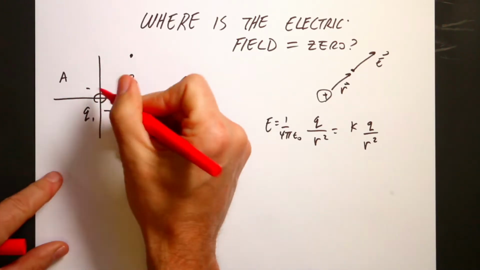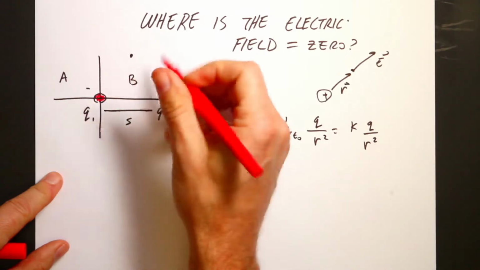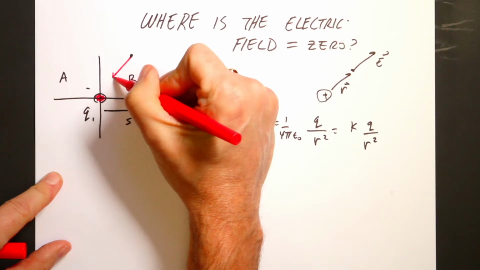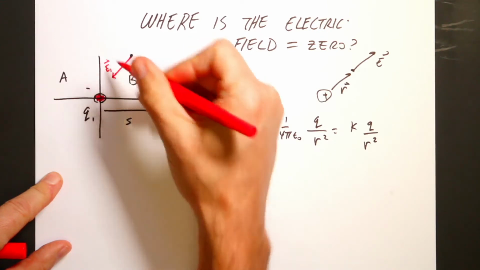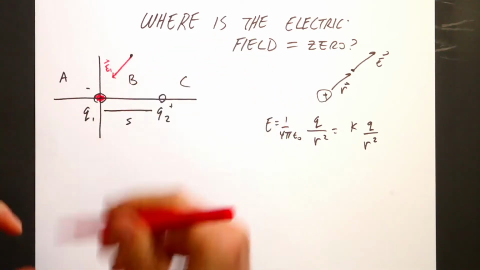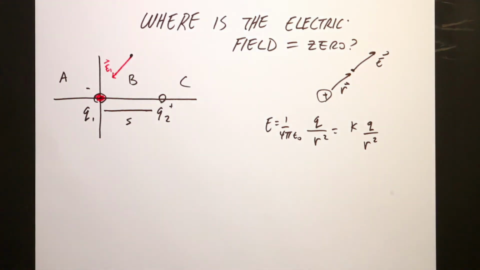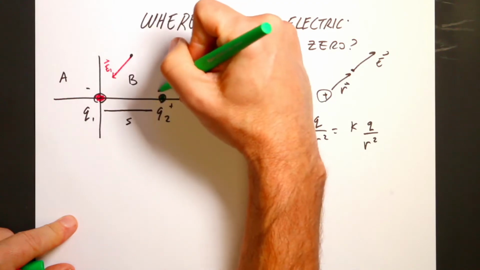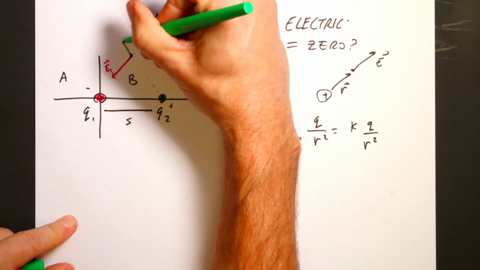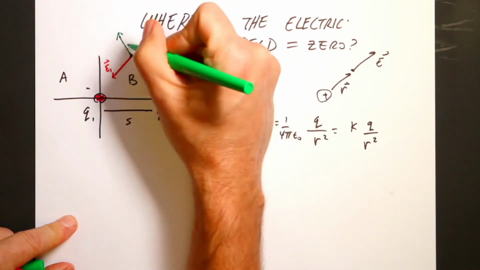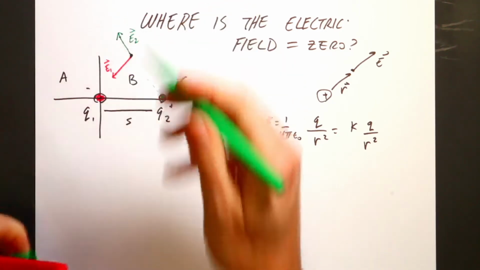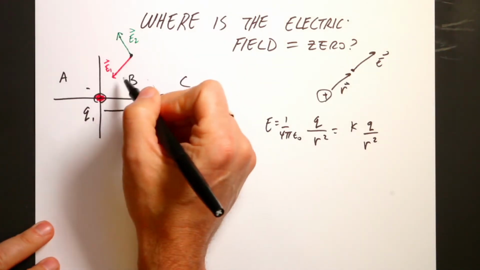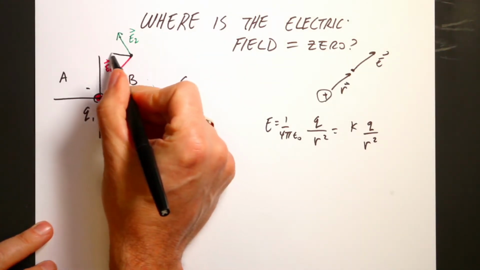So let's say Q1 is red and makes a red electric field going this way, because it's a negative charge, so it points towards it. I think normally red is positive, but whatever. And here is a green charge, and it's positive, so it has an electric field going away. They could be different magnitudes, who really cares? E2. So the sum of these two in this case would be the vector sum of these two, and it would be this way.